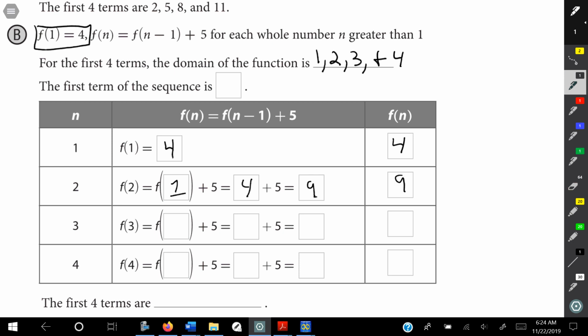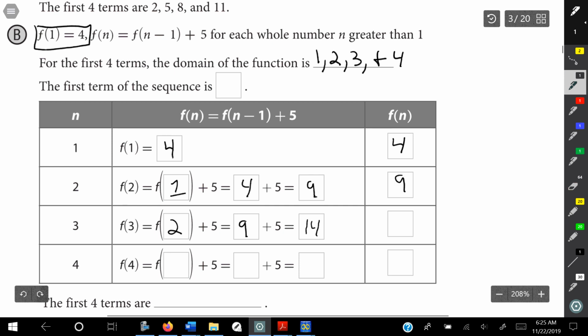On the next one here, for f of 3, we're going to plug in f of 2. And f of 2 is 9. And you're going to say 9 plus 5, 14. So f of 3 is 14. Here, we're going to plug in the third term, which is f of 3.